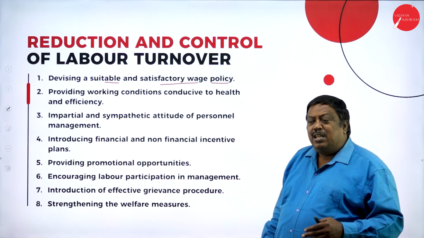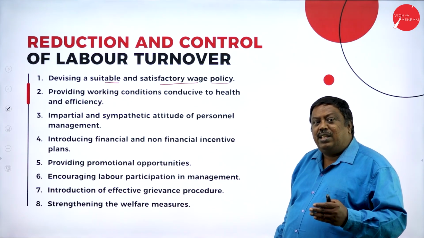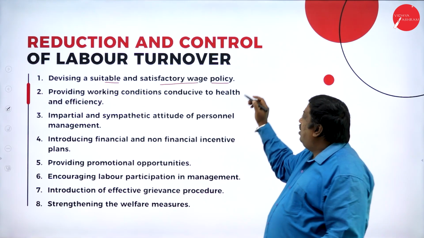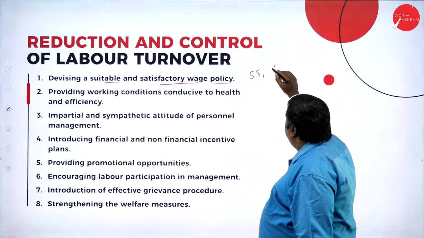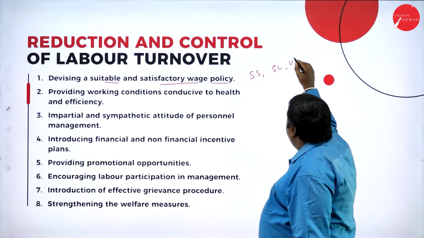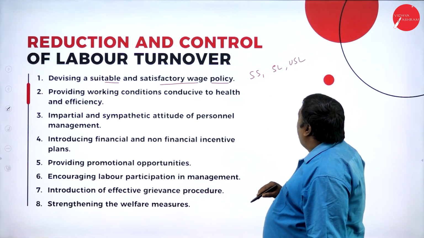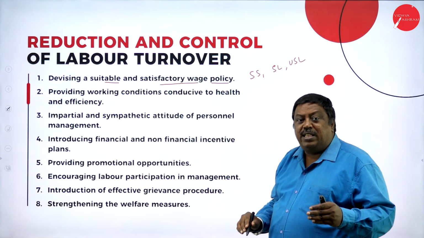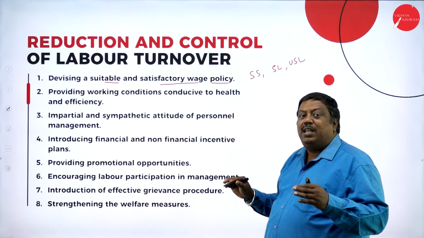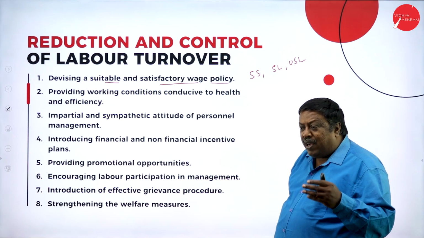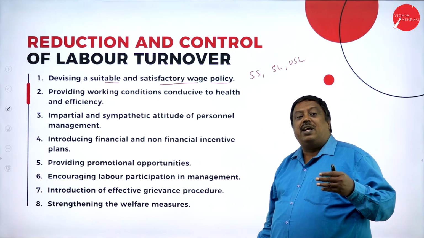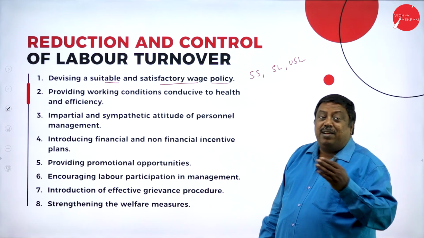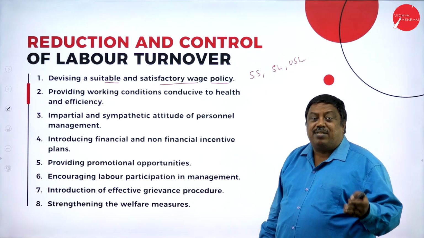Based on that, fix the wages for skilled, semi-skilled and unskilled laborers. For all these three categories, if you fix proper wages, then nobody will leave the organization. Provide financial and non-financial benefits for the laborers whenever it is required.